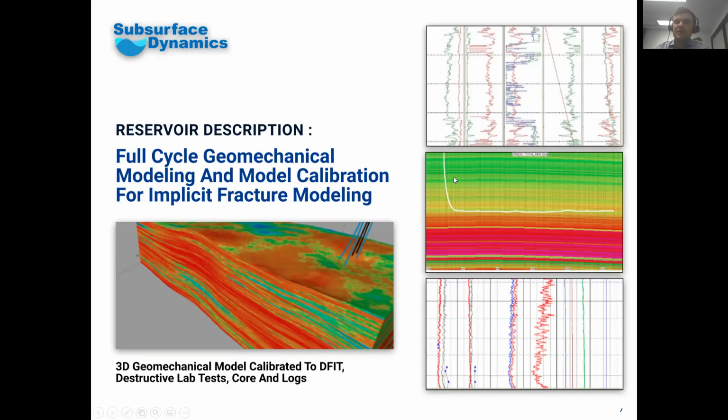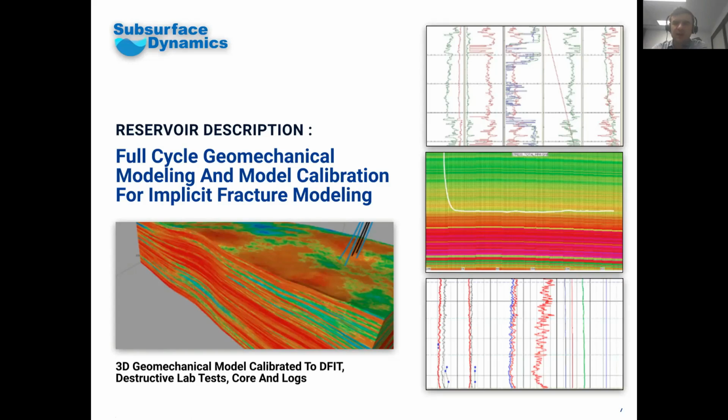It can be different, depending on the kind of data sets you have. It can be as simple as 1D geomechanics, where based on the few acoustic logs that we have in the area, we can derive our mechanical and stress properties. Then we expand it to the 3D model and run it through the full cycle calibration.